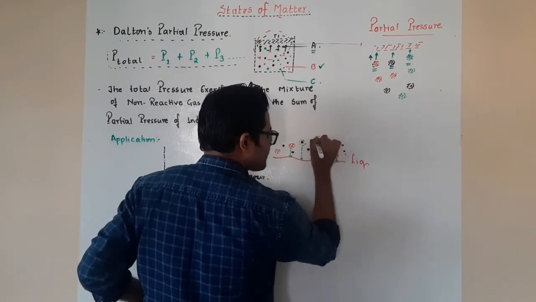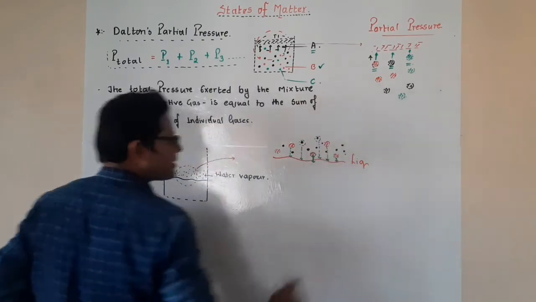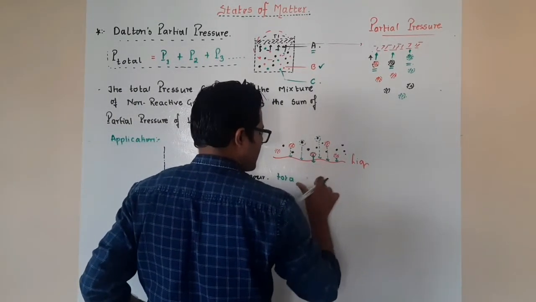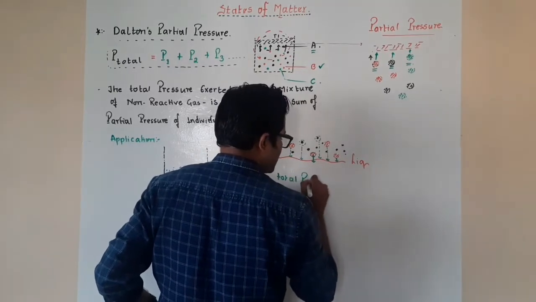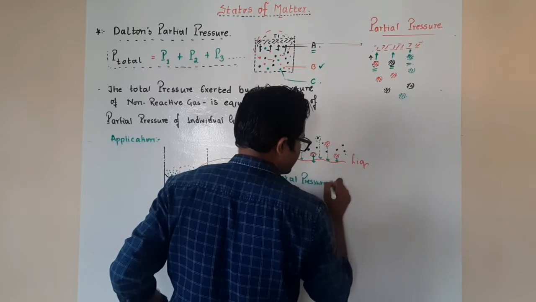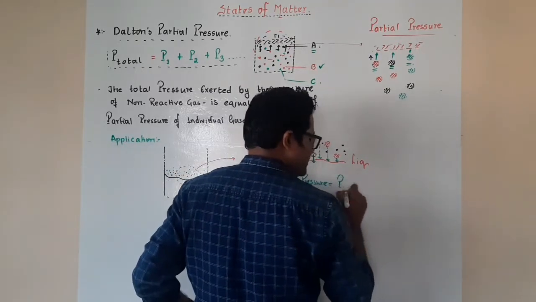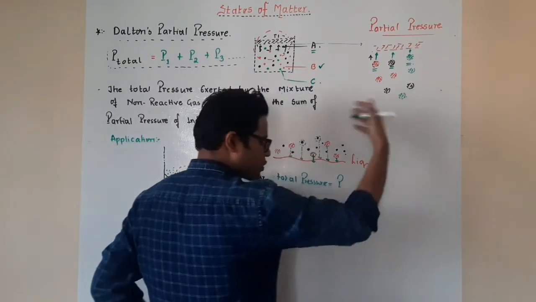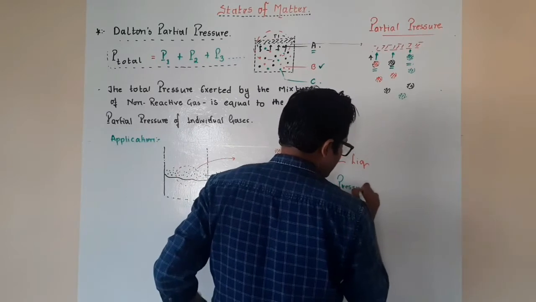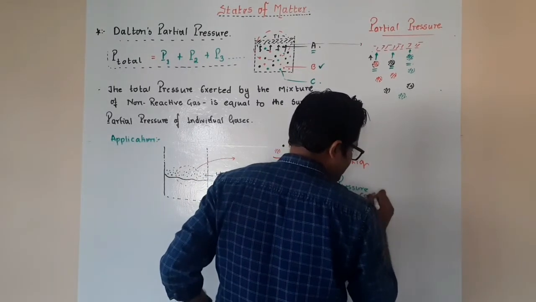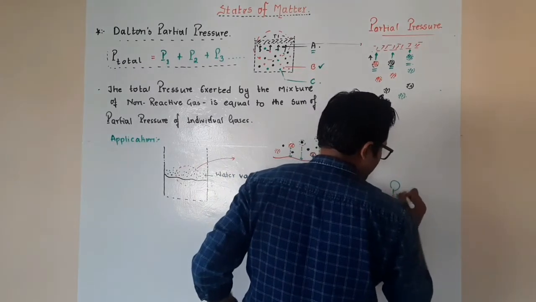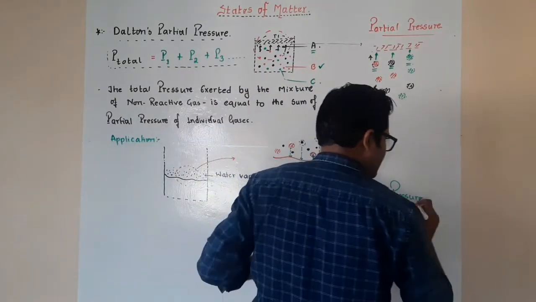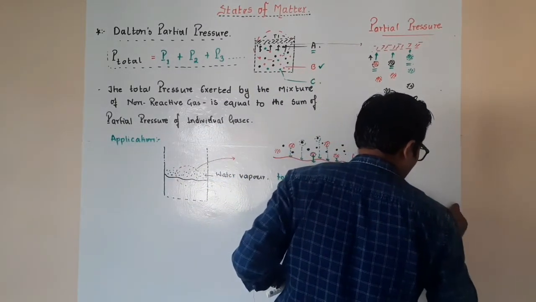So, if we see the total pressure that is going to be exerted, it is equal to the pressure of the air, or we can say the pressure of the gas, plus the pressure induced by the water vapors.